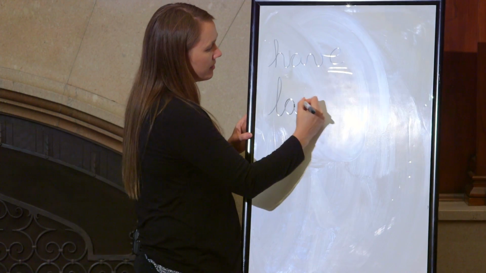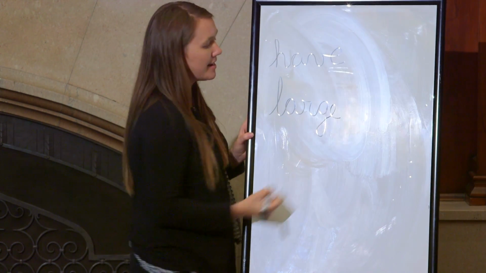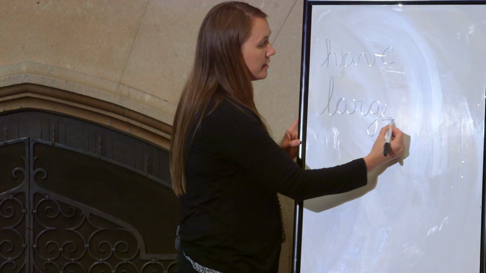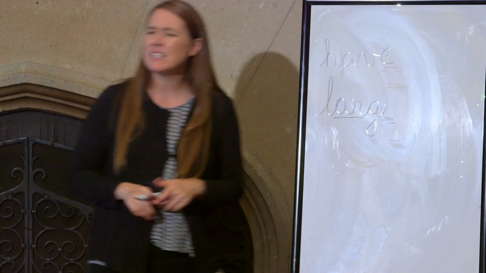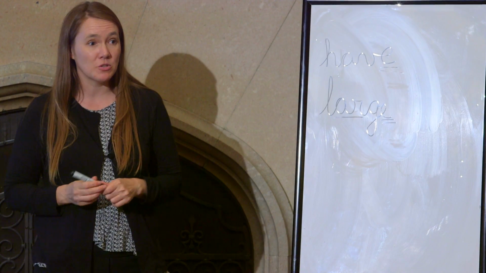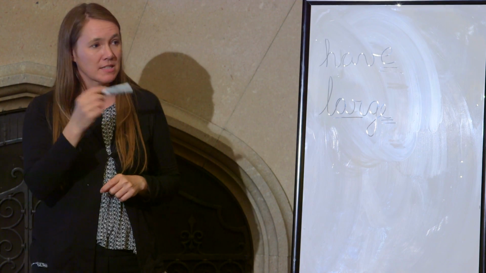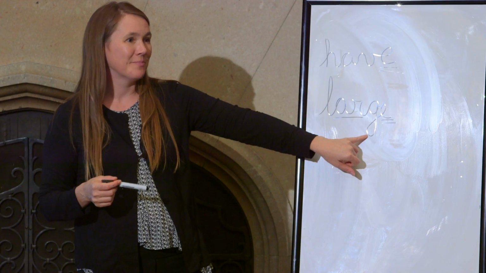L, A, R, J, silent final E. How will we mark it? And double underline the E because it's silent. Underline the R. Why do we have a silent final E in large? Oh, I didn't teach you this. Can you figure it out? It's related to the C softens to S. G softens also before E, I, and Y.